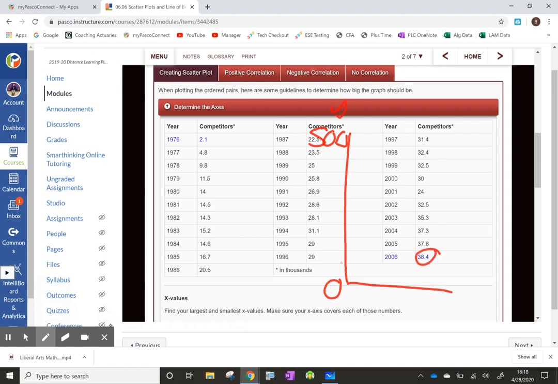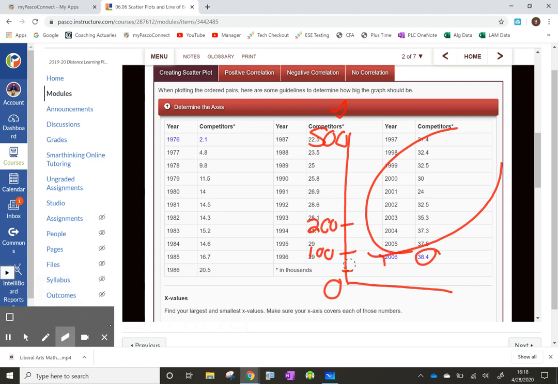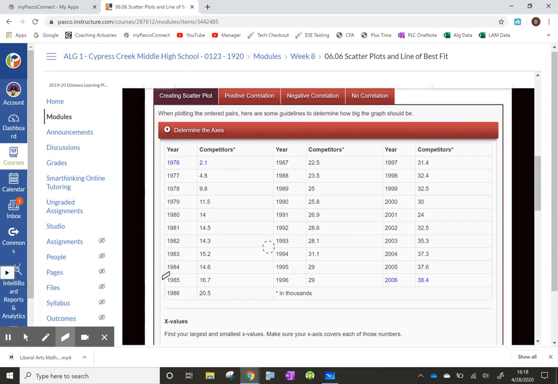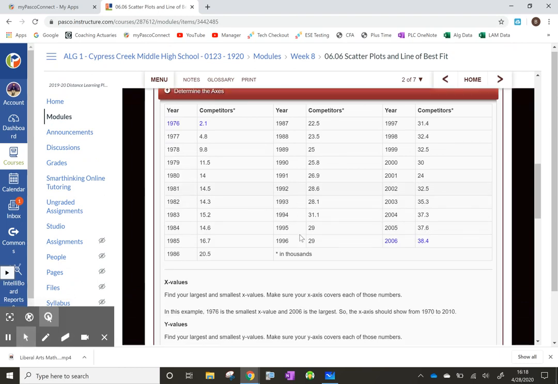So when you graph it, you're not even going to get up to here, because if you go by 500, that's going to be just huge. You're never going to use any of that space if you go all the way up to the hundreds. So obviously only going up to 40 would be good. That way you can utilize your space more efficiently on your graph. So it's very important you choose values for your x and y axis appropriately.